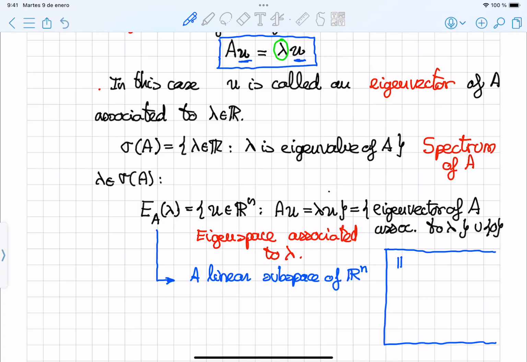In R3, the subspaces are first the trivial one, which is the zero.